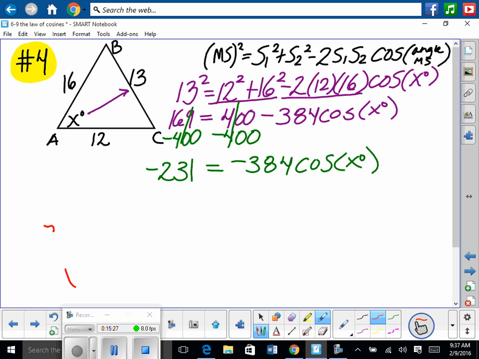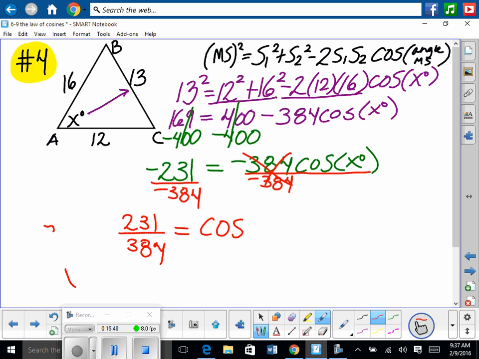So we're going to divide both sides by negative 384. So then we have this divided by this, so we have 231 divided by 384, and a negative divided by a negative is a positive, so I'm just going to write it that way. And that's equal to, that's gone, we have cosine of x degrees.